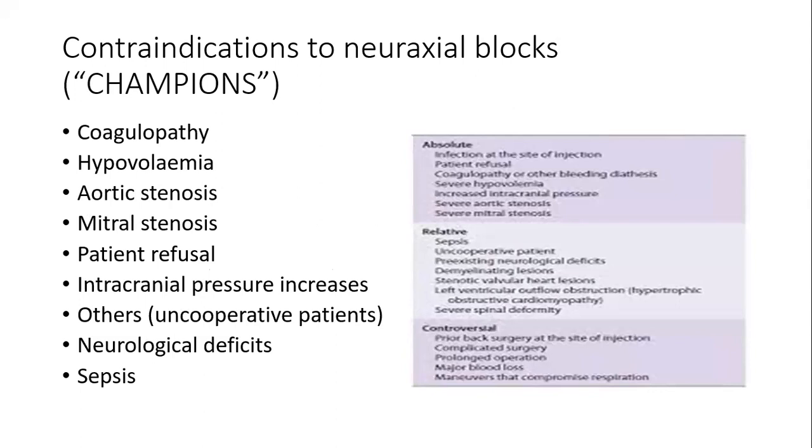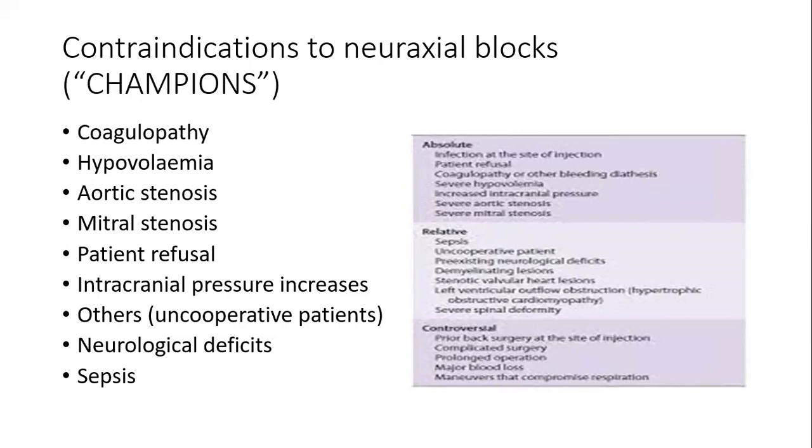Mary Kay, read this. What are the contraindications to the neuraxial block? Okay, so the mnemonic CHAMPIONS: coagulopathy, hypovolemia, aortic stenosis and mitral stenosis, patient refusal, increased intracranial pressure, and then others like an uncooperative patient, neurological deficits, and sepsis. Now, if you go to the other side, what are the absolute contraindications?